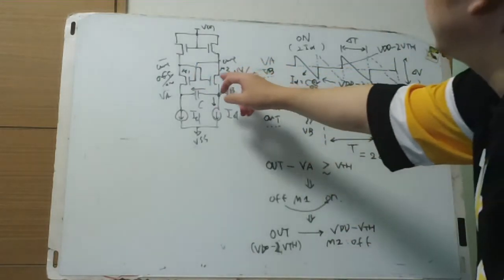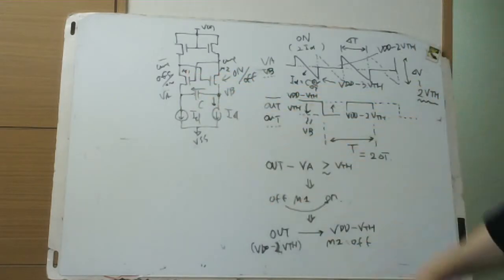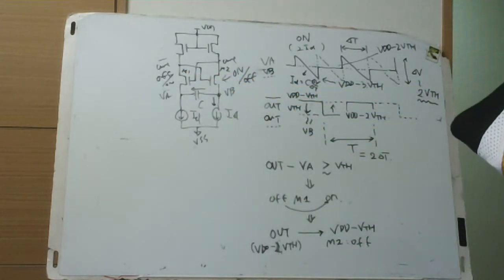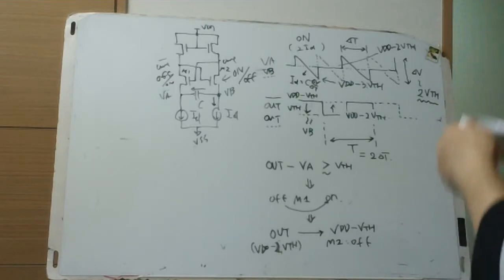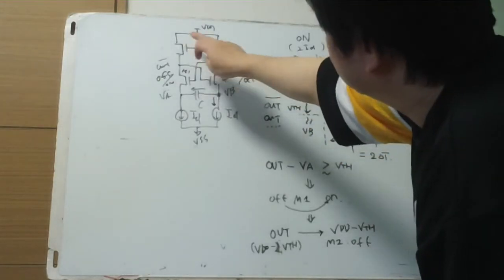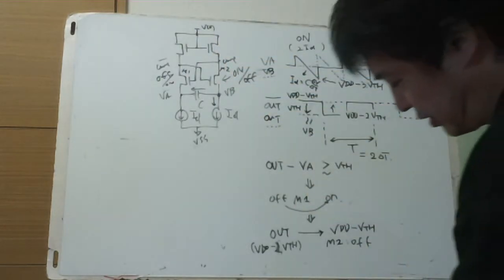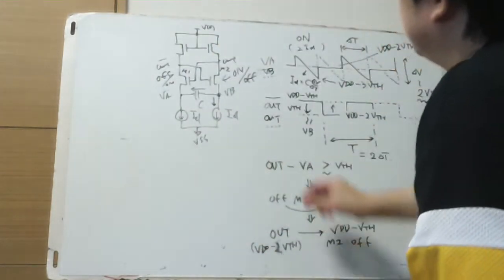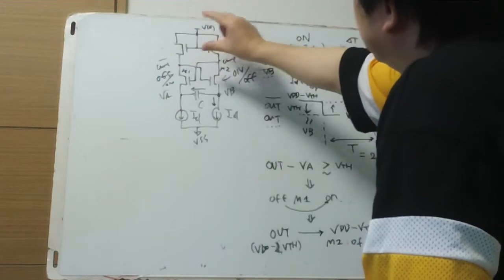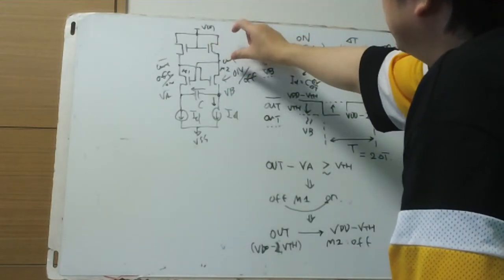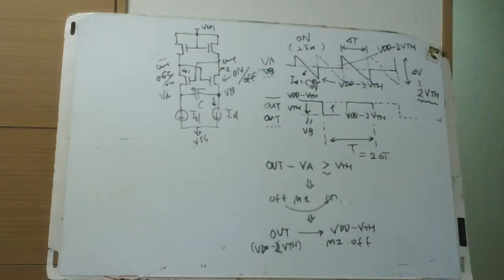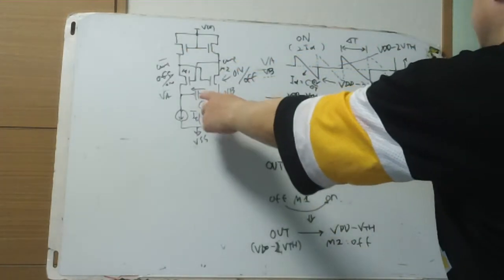This is just a switch with a small on resistance, as small as possible. And this is a diode-connected current source, and the VDD is movable, supplying ID or 2 ID alternately for discharging C.